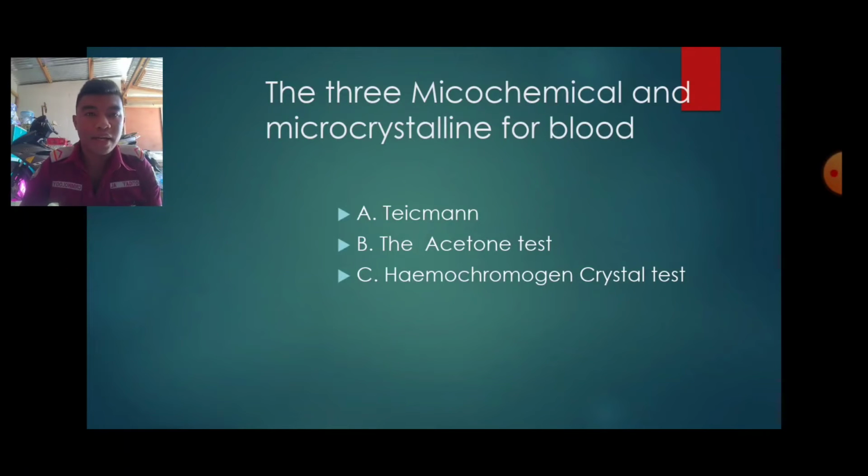And the letter B is the acetone test. The acetone test is a ketones in blood test that measures the level of ketones in your blood. Ketones are substances that your body makes if your cells don't get enough glucose, blood sugar.